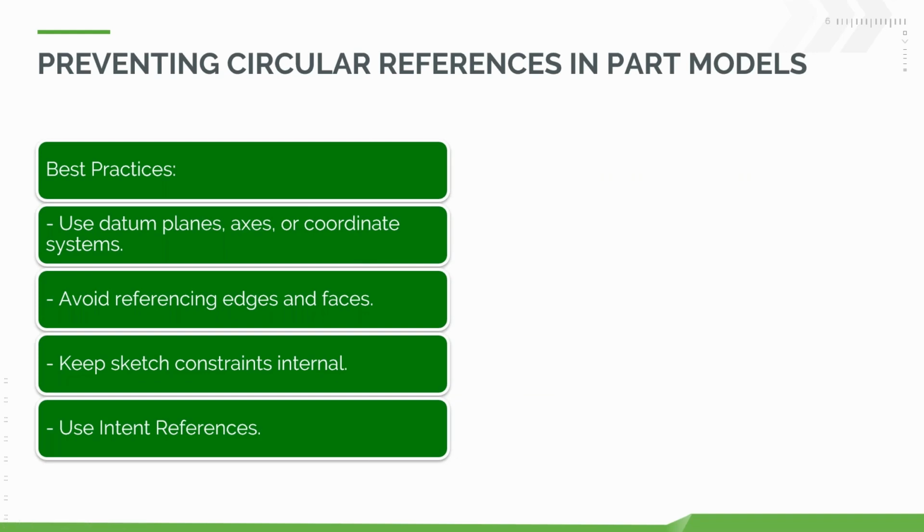All right, so how do we prevent circular references? Inside part models themselves, like just a part in its own environment, it's really impossible to create a circular reference. Circular references are something that really exist at the assembly level.